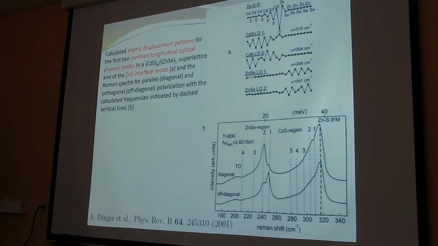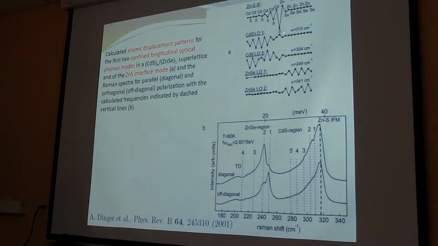This is a superlattice of zinc sulfide and cadmium sulfide and zinc selenide. And these are now the calculated confined phonon modes of the cadmium sulfide. Here's the first one, the second one with one node line in between, the same for the zinc selenide here.